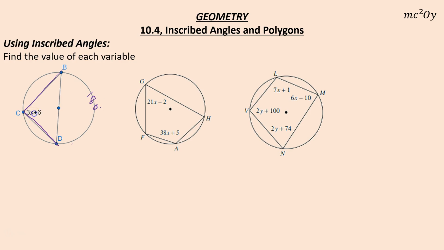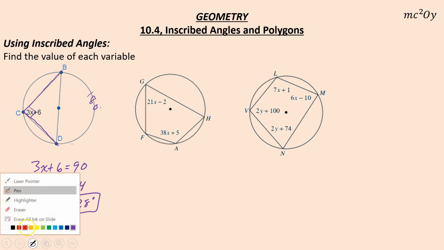So 3x plus 6 would have to equal 90. It's half of 180. If that's the case, 3x equals 84, and x is 28. You can check it. 3 times 28 is 84, plus 6 is 90. Half of 180 is 90.